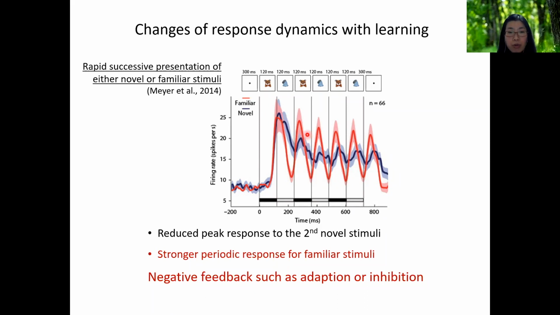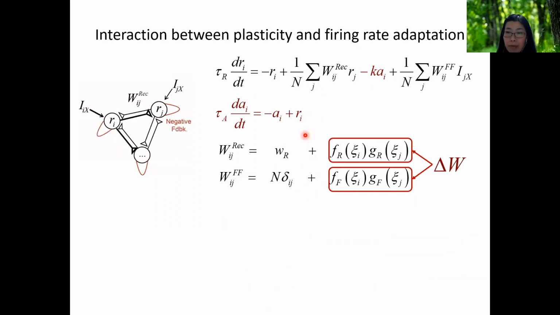This might be due to slow negative feedback, such as adaptation or inhibition, and due to the slow recovery from the first stimulus, it couldn't show the same strength of response. Indeed, when you implement such a slow negative feedback, particularly slow firing rate adaptation, it could reproduce these changes of the temporal patterns.